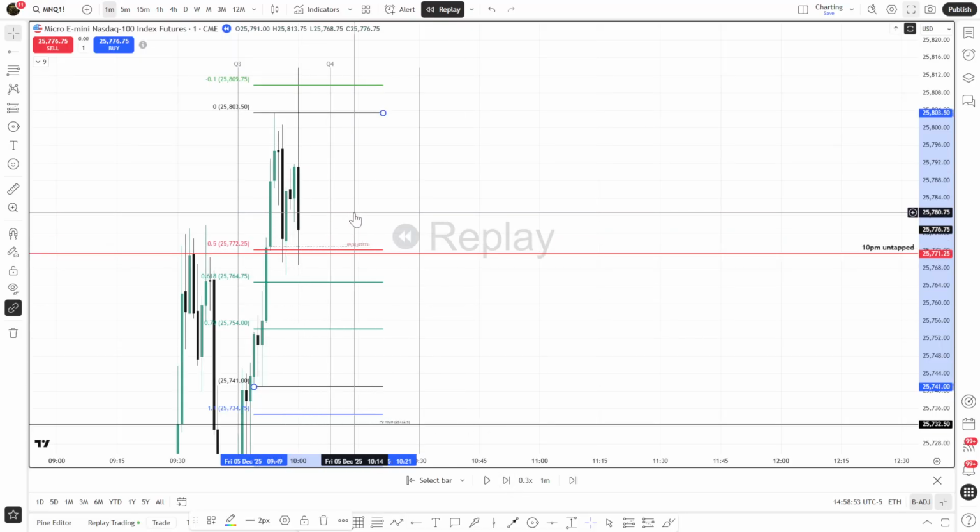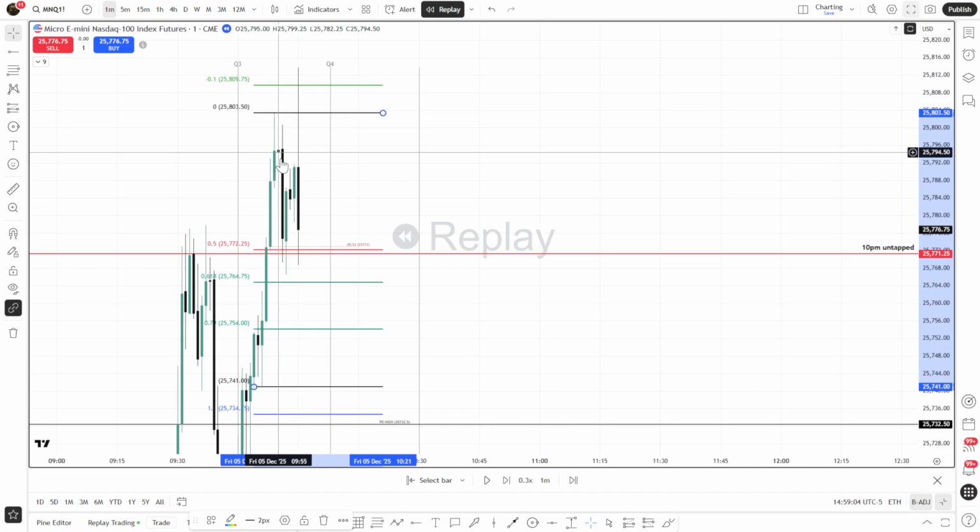Okay, so here we have our 10 a.m. open. We can see that price wicks the high of this range, comes down and taps this 10 p.m. untapped level and gives us a rejection off of it. Okay, the very next candle wicks into this area as well. We can see candle bodies are holding the 10 p.m. untapped level.